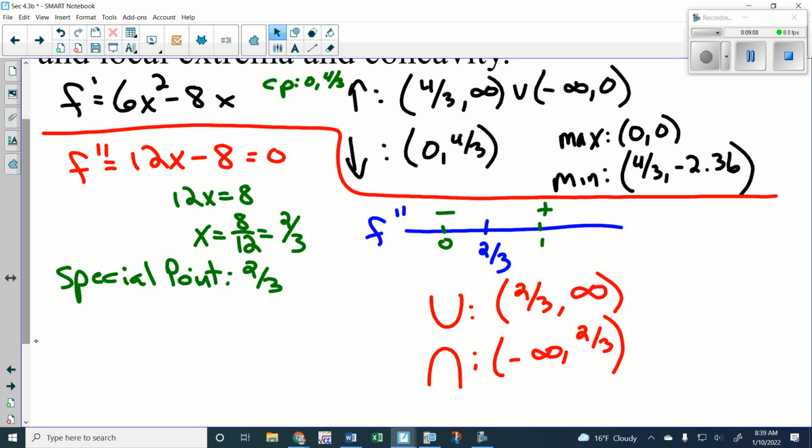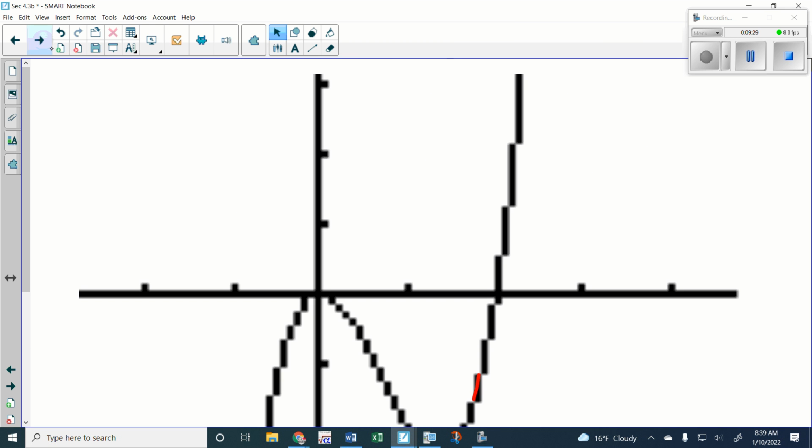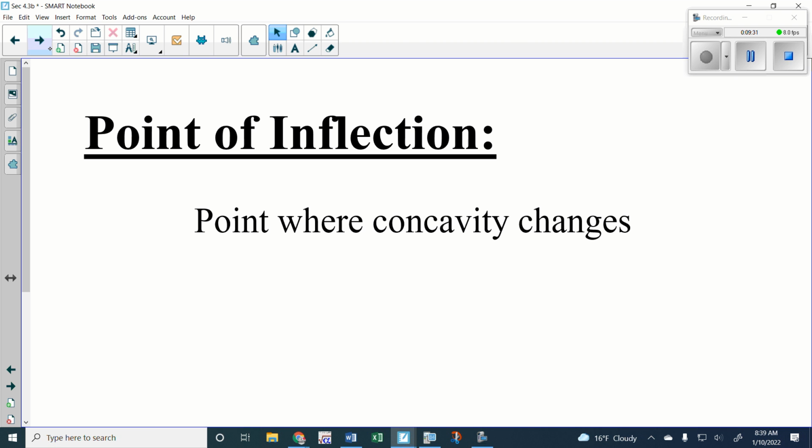Now, what this leads to is our last thing we want to talk about, which is an inflection point. You can see in your notes, what is an inflection point? An inflection point is where the concavity changes.